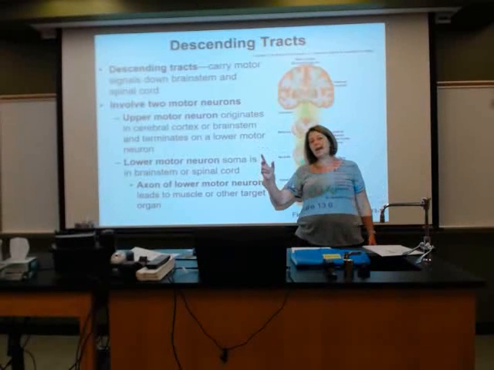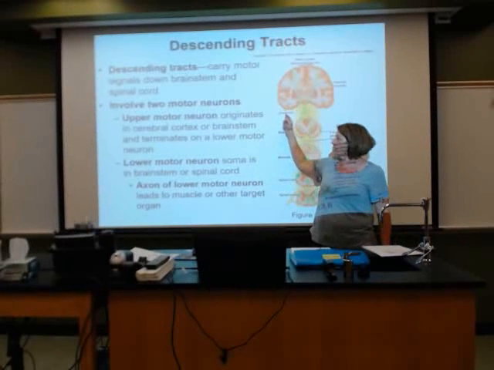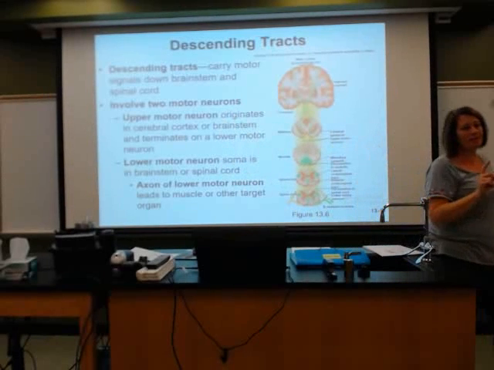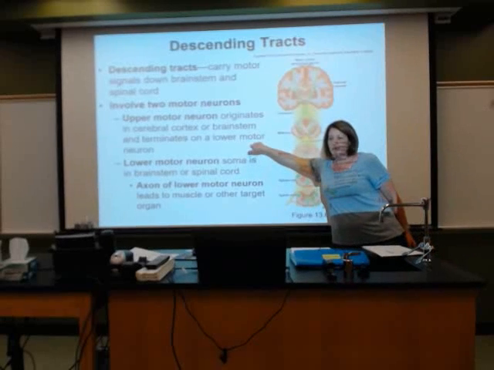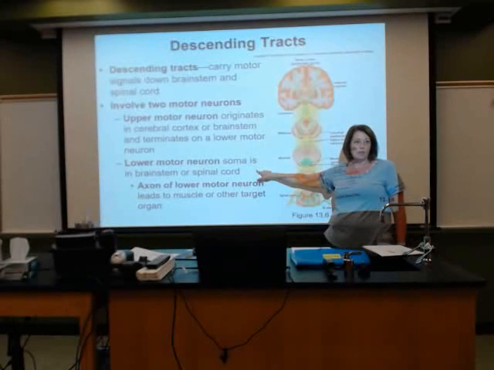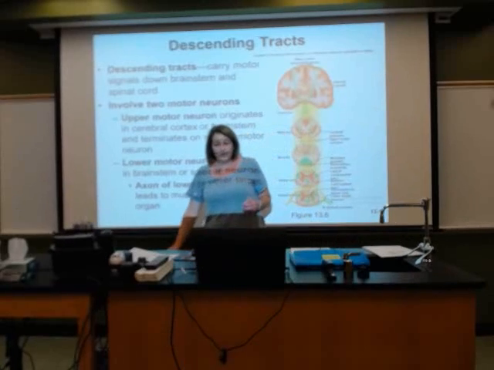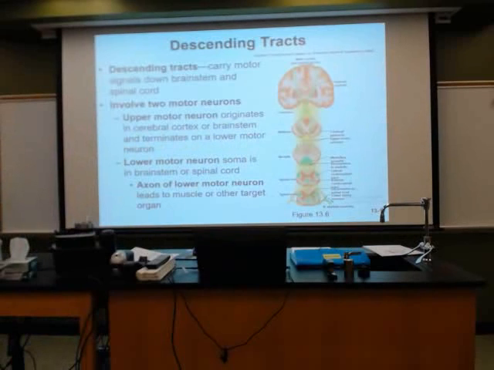So, if we have sensory information go in, we're going to have it get integrated, and the motor neuron, the part that's going to begin the response, is going to originate in either the cortex or the brainstem, and it's going to terminate at the lower motor neuron. The lower motor neuron can be in the brainstem or the spinal cord.